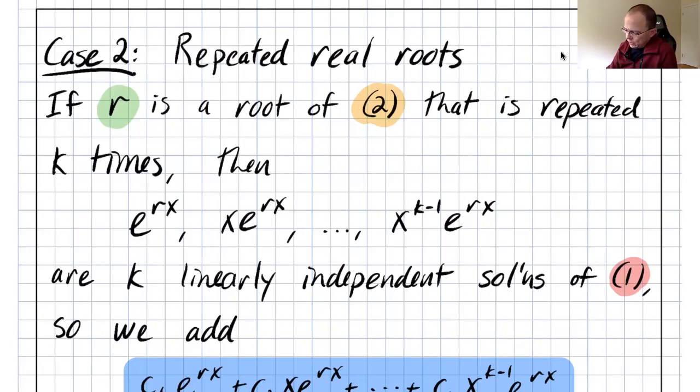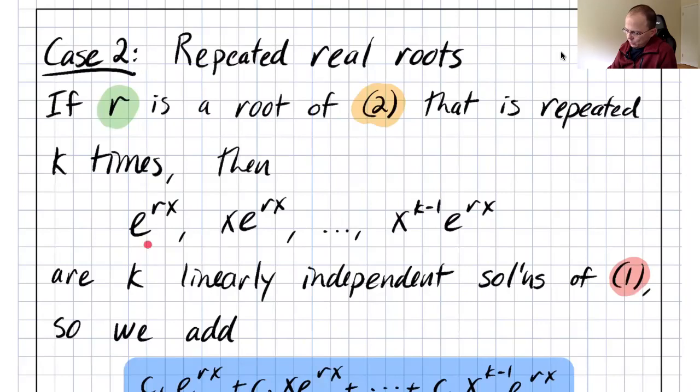But it turns out that in this situation, e to the rx is a solution, but also if you multiply e to the rx times x, then you get another solution of the homogeneous differential equation. And these are linearly independent. And you can keep doing that up to this number of times that it gets repeated.